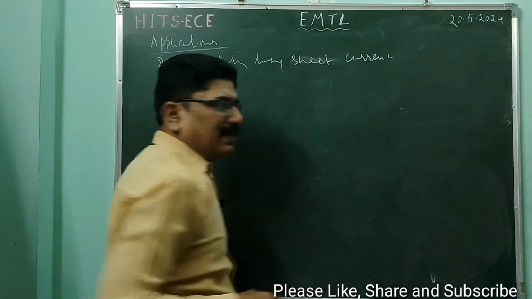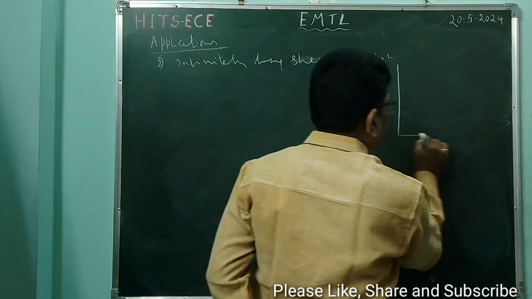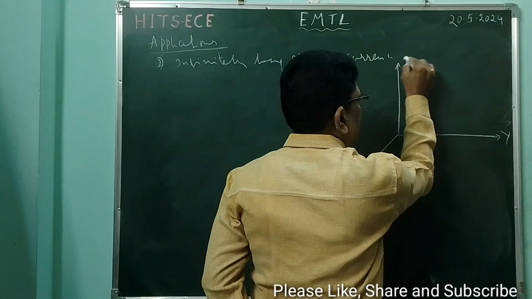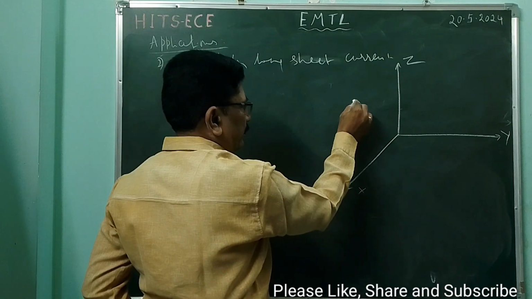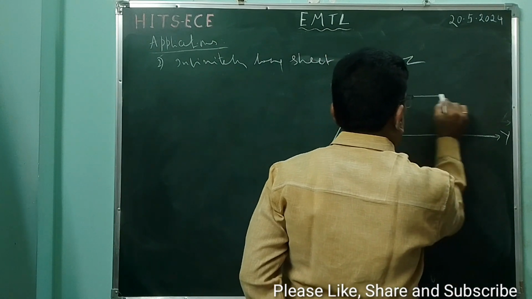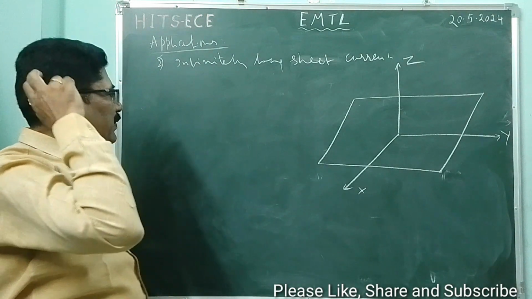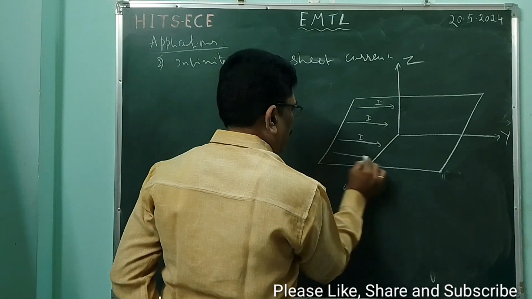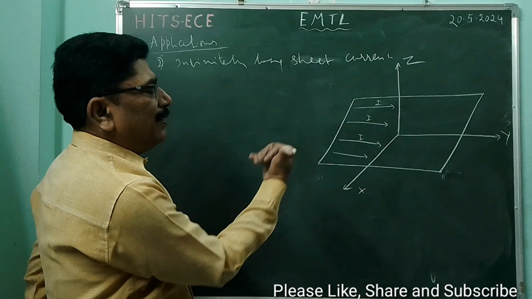That means an infinitely long sheet carrying current I, with axes Y, Z, and X. When the current is flowing in the direction of the y axis, the magnetic field lines will be perpendicular.